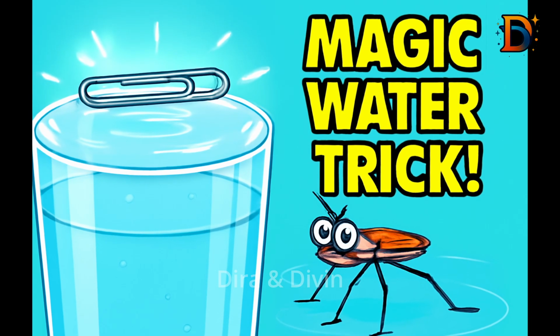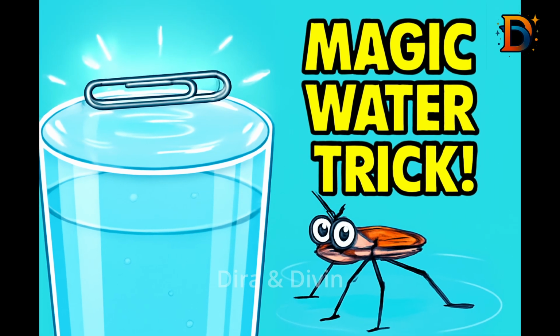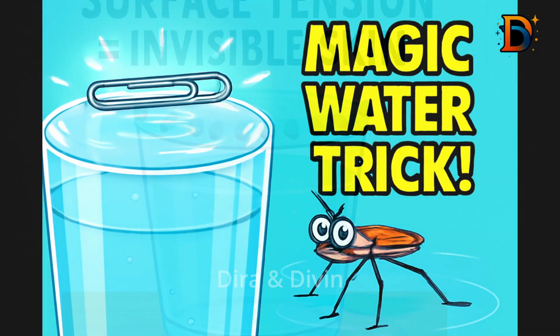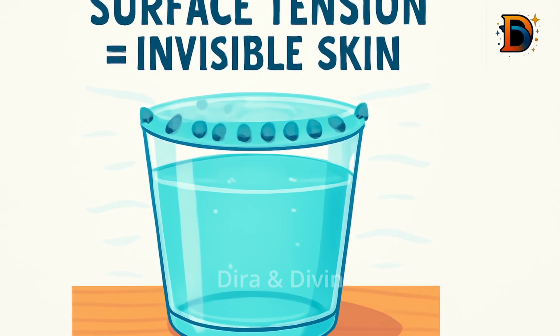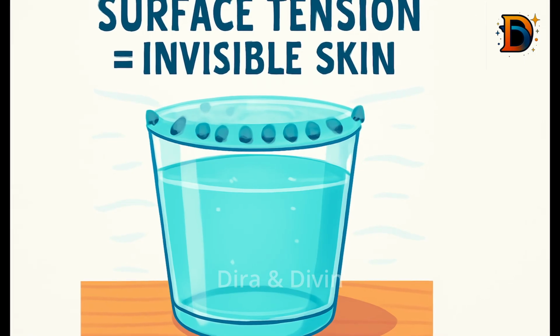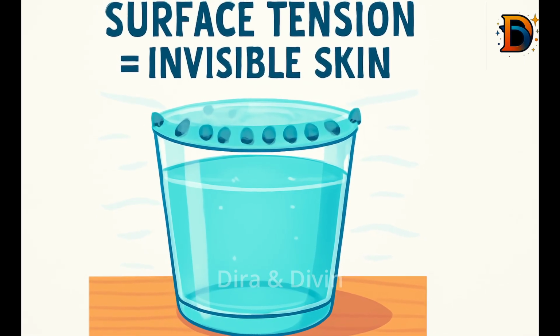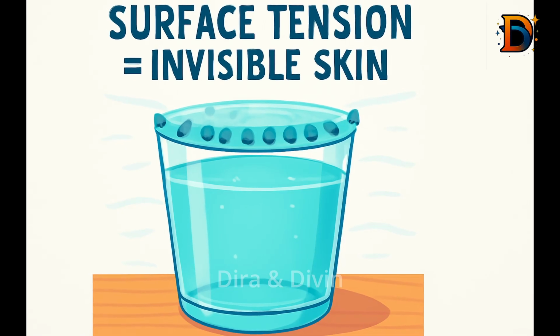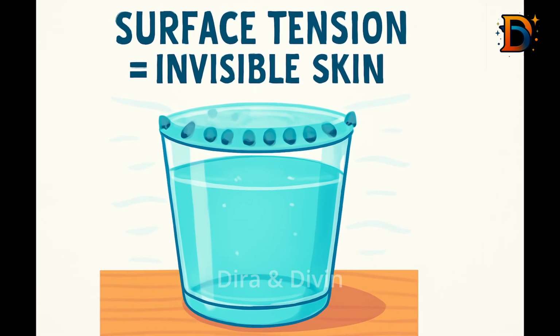Simple illustration idea. Imagine water molecules as tiny blue dots all holding hands at the top. Their grip is so strong that they make a thin, invisible trampoline on the surface. A little bug hops onto it and bounces but doesn't sink.